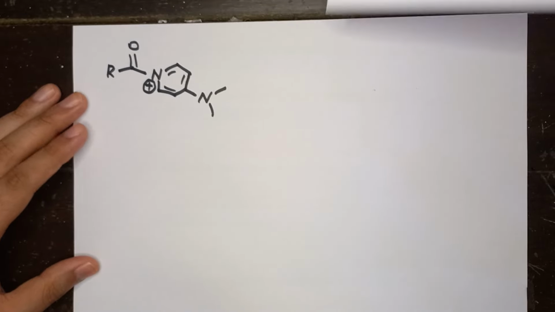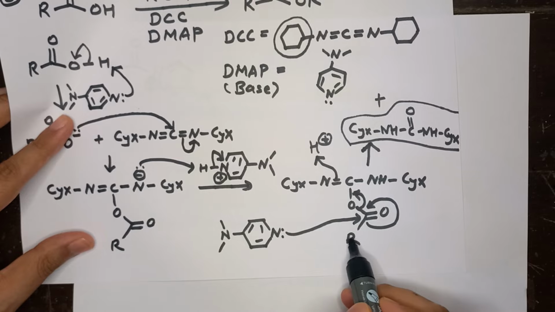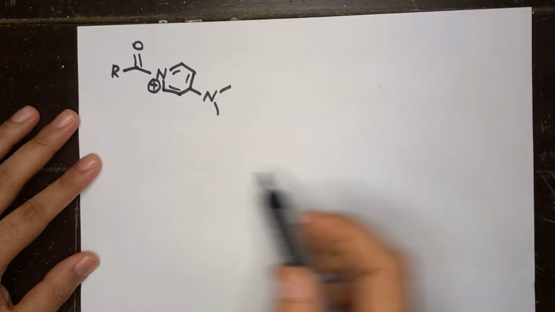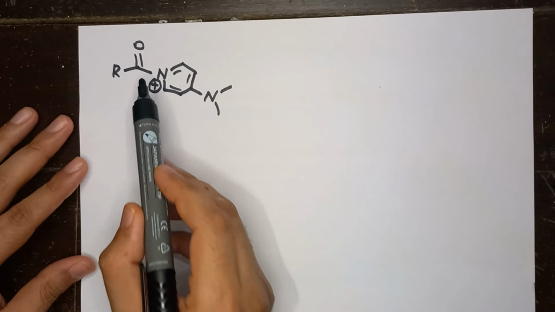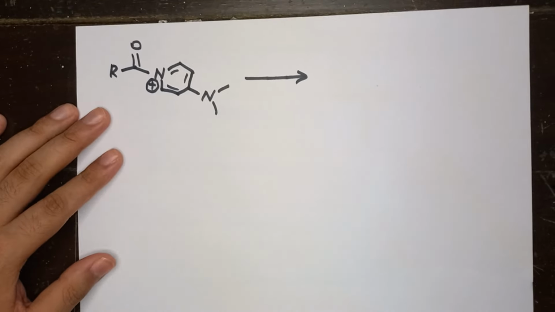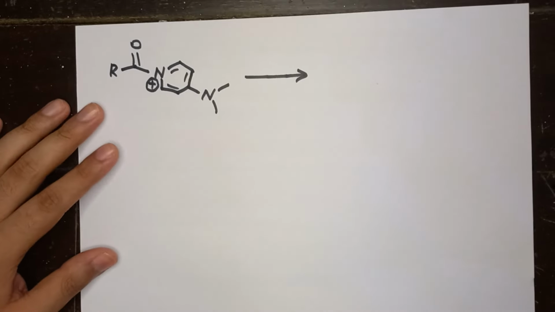So this nitrogen is now bonded with this RC double bond O, and this is what I have written. And finally we have alcohol. Now this will come into picture.